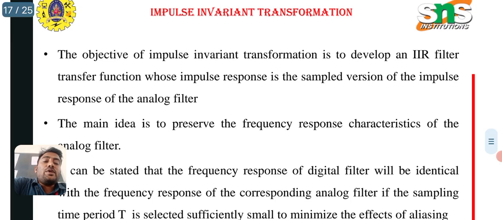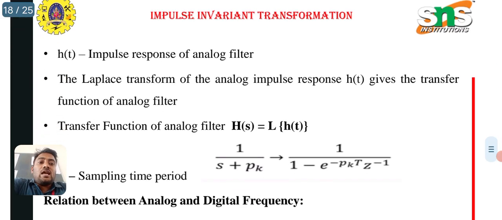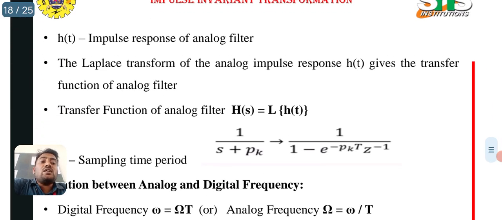By using the impulse invariance method, we can convert an analog filter to a digital filter, which means analog transfer function to digital transfer function. The formula for the impulse invariance method is 1 divided by 1 minus e power minus p suffix k capital T, z power minus 1.